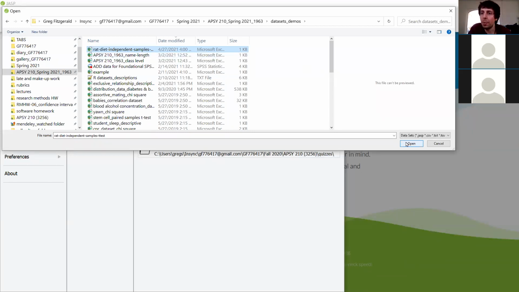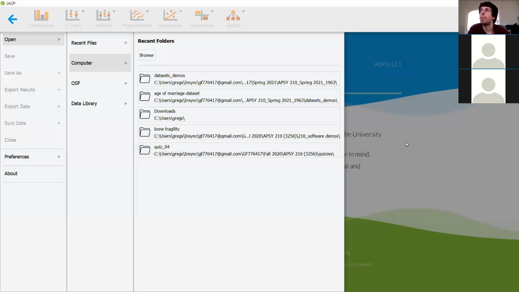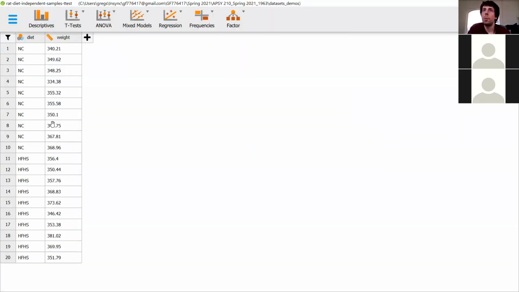JASP does not know how to deal with a Microsoft Word file, I don't think, and I'm pretty sure it definitely doesn't know how to deal with a Microsoft Word file that looks like the class example we were just looking at. When I do that, the first thing you'll notice is that JASP imports the data and presents it in this format, with the same kind of structure. You have two columns with our two different variables. There's our diet variable, and there's our weight variable.